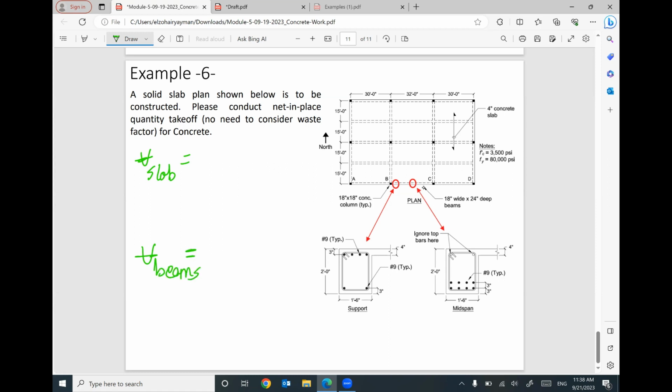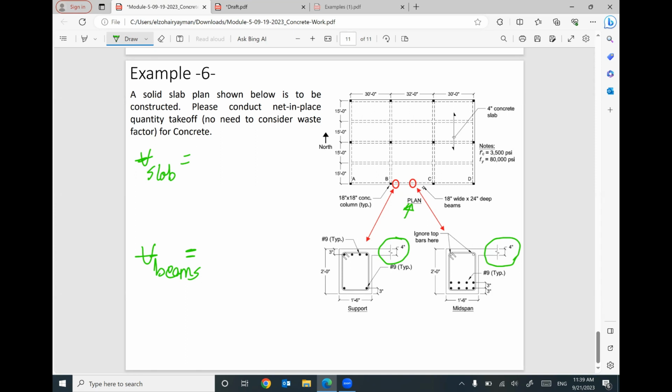For the volume of your slab, I think the area of the slab times the thickness. The thickness is given here. Can you see it? From the cross section. The thickness of the slab cannot be shown in the plan; it must be shown in a cross section. It's 4 inches.